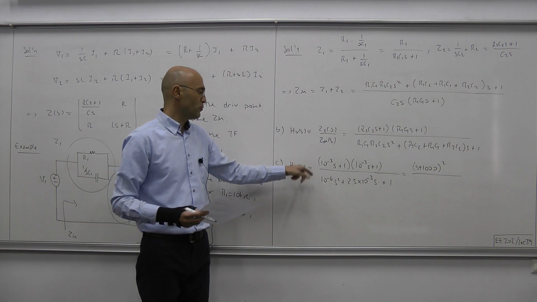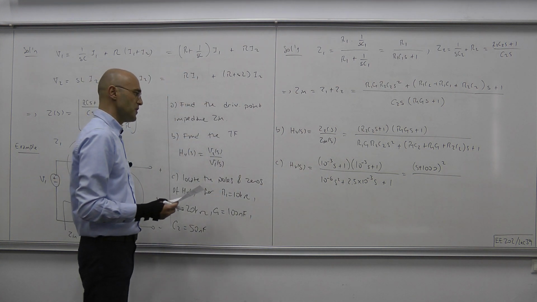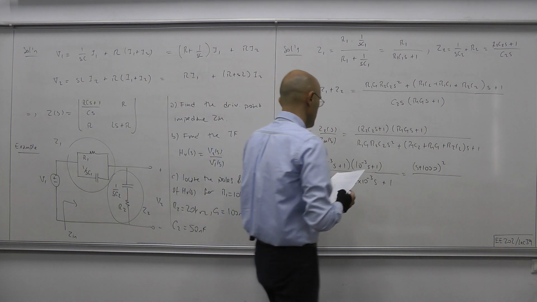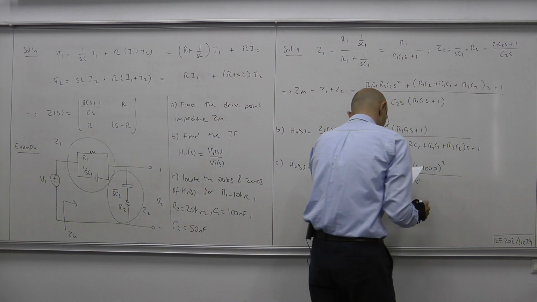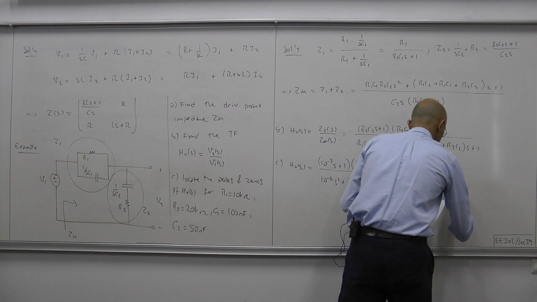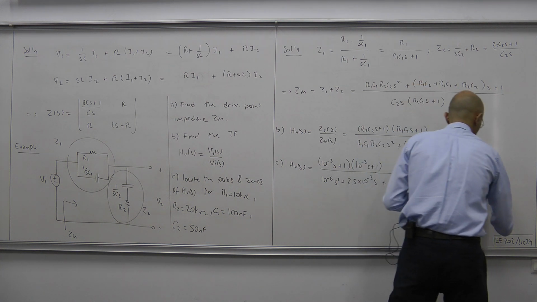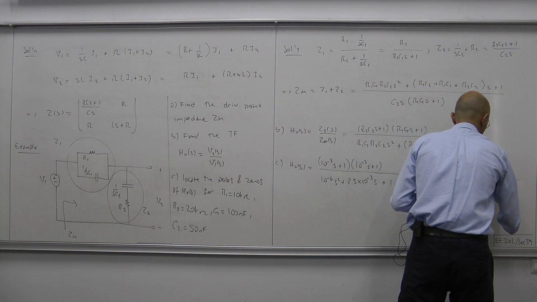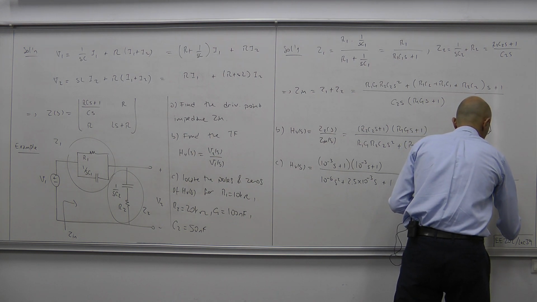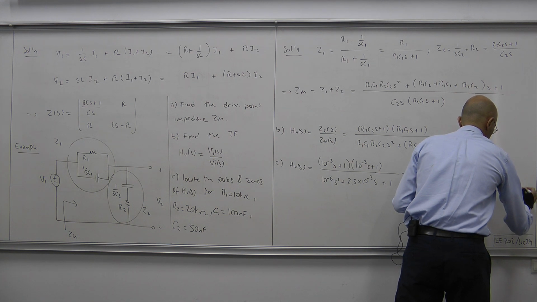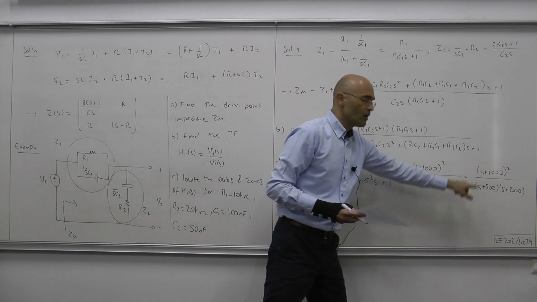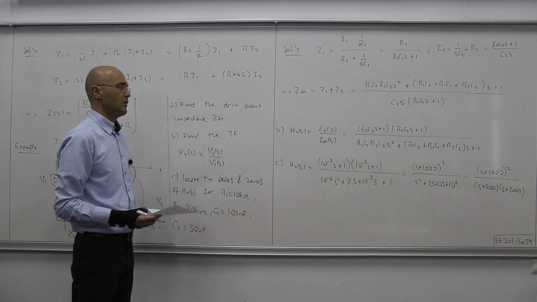We multiply both numerator and denominator by 10 to the 6, and that produces S plus 1000 squared. As for the denominator, we have S squared plus 2500 S plus 10 to the 6, which can be written as S plus 500 times S plus 2000. Okay, so that's our transfer function for the following numerical values.